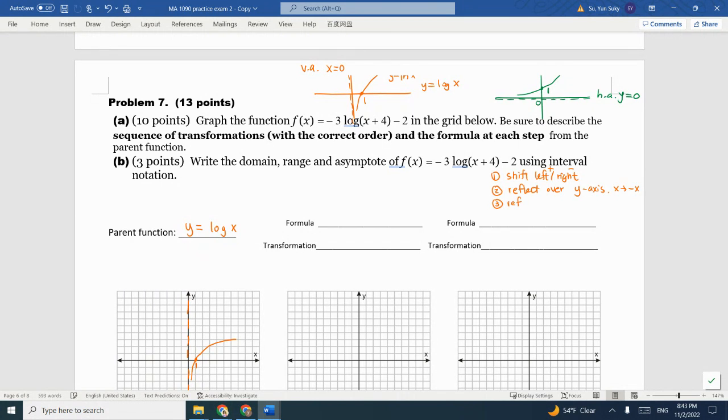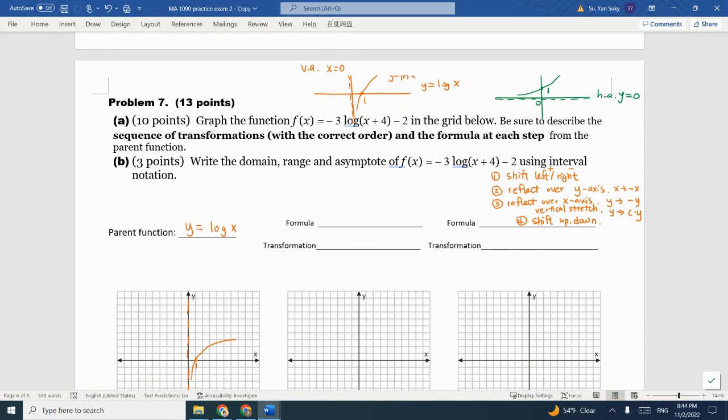The next step is reflection over the x-axis, which means you have a minus sign in front of the whole function, or vertical stretch, which means you will see a number multiplying the whole function. And then the fourth step is shift up or down.